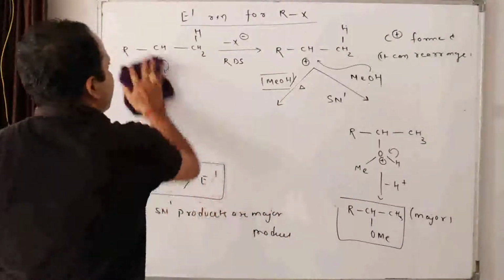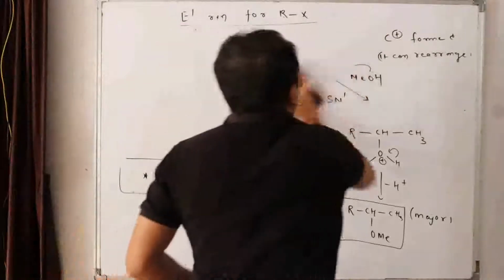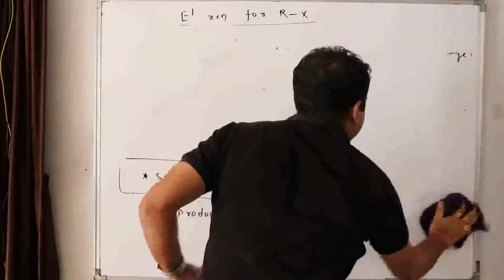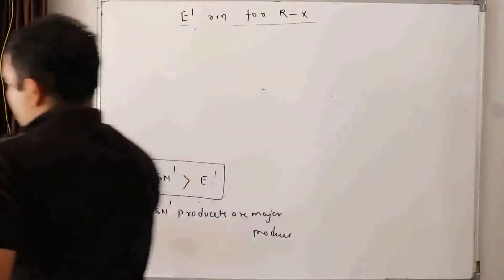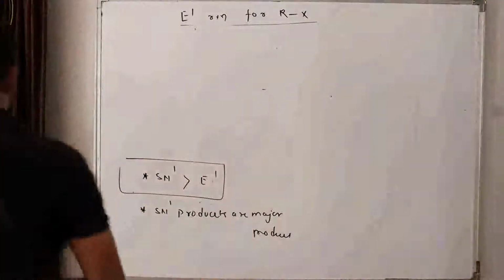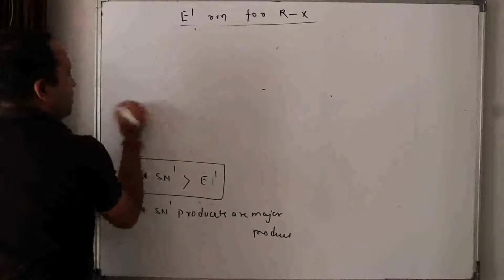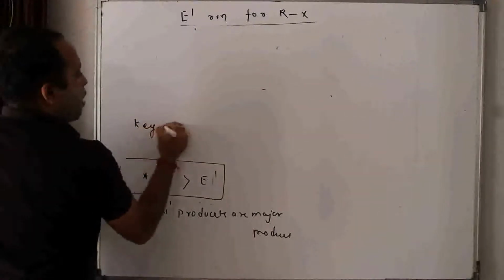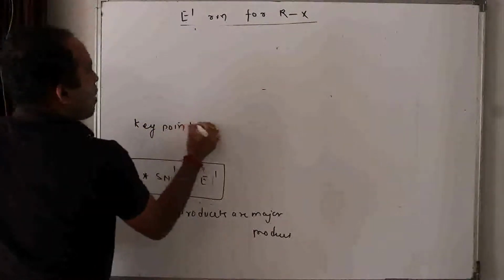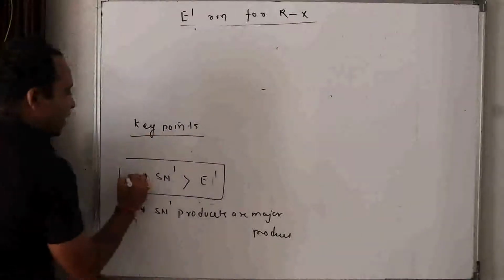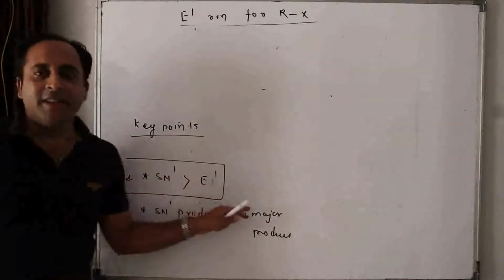The key points are, look here, already I have written here, key points or note points. What is that? SN1 is dominating, then E1.